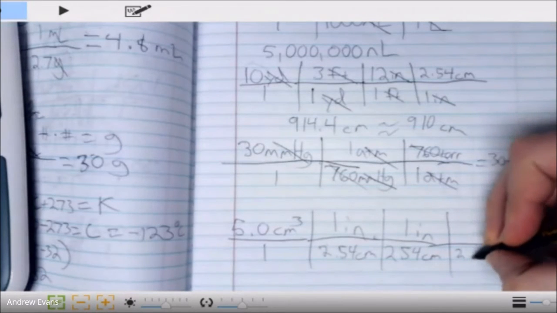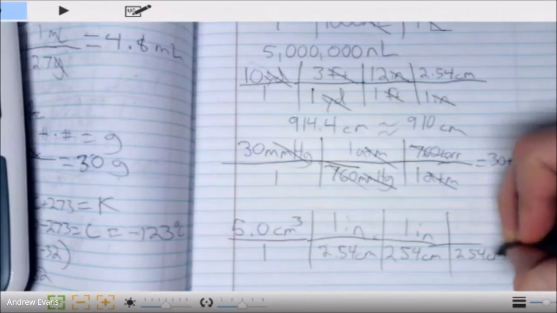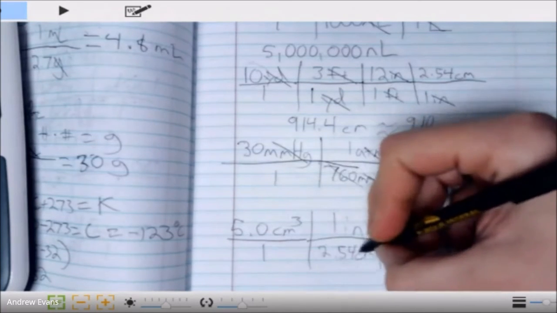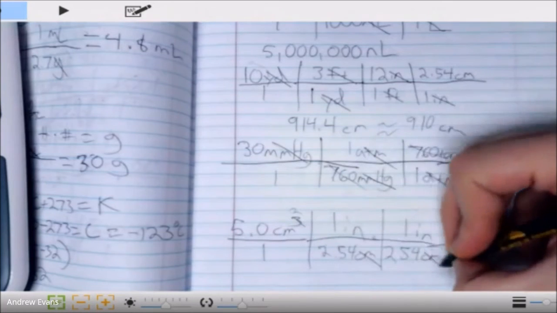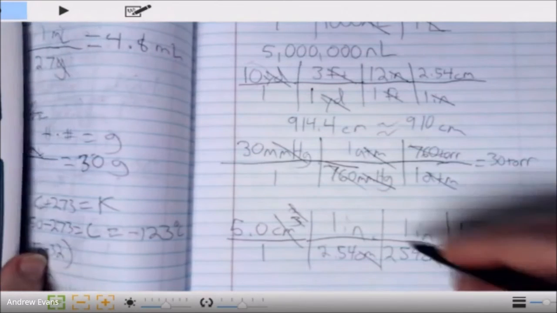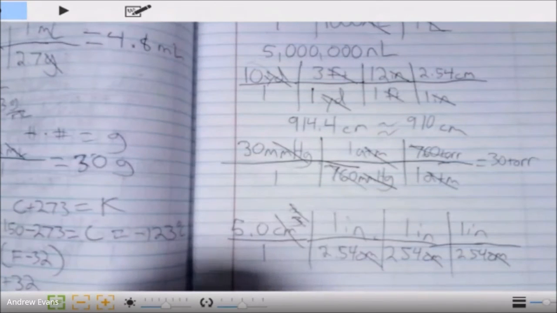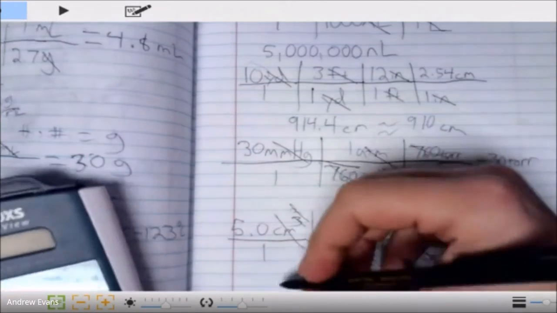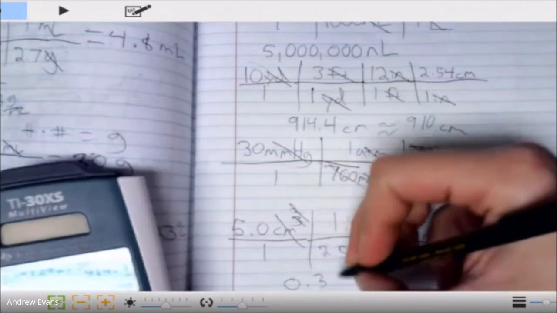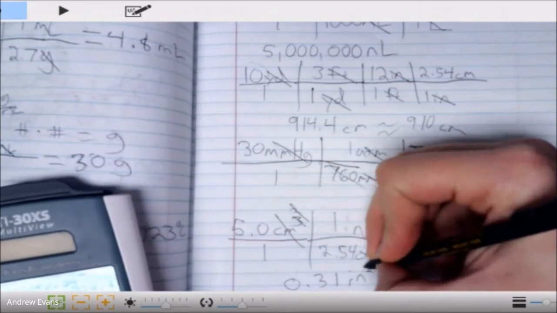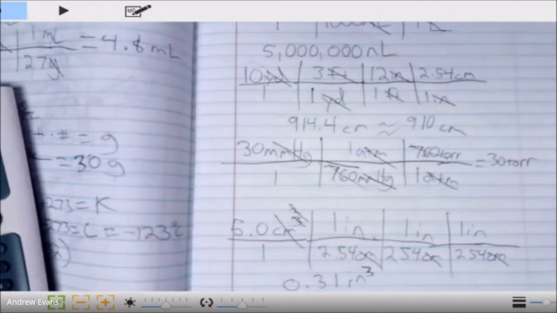Each conversion only cancels 1 of those. That goes 2. That goes 1. That goes all the way gone. Inches, inches, inches. You have inches cubed. 5 over 2.54 cubed gives 0.305, but rounding to 2 sig figs, 0.31 inches cubed.